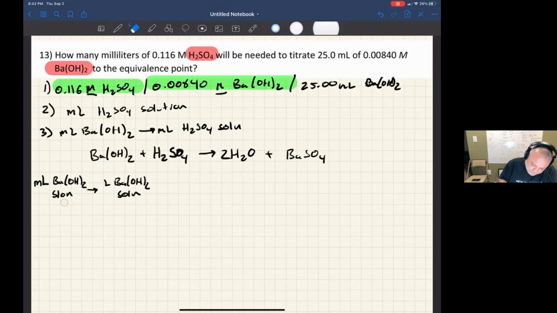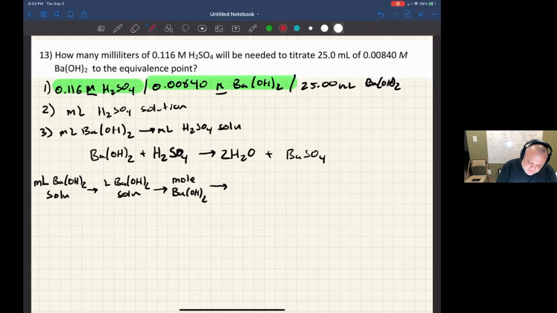Let me just fix that real quick. And then once I have milliliters of barium hydroxide solution, I can convert that to moles of barium hydroxide with the molarity. And so I'm given the molarity of barium hydroxide solution here, and so I would use that in that space there.